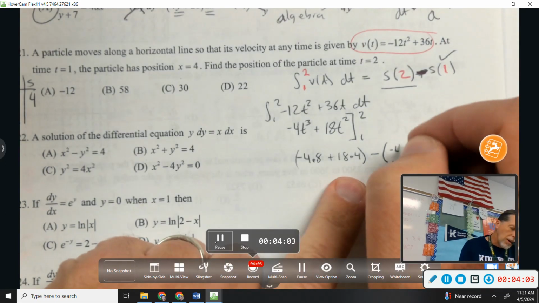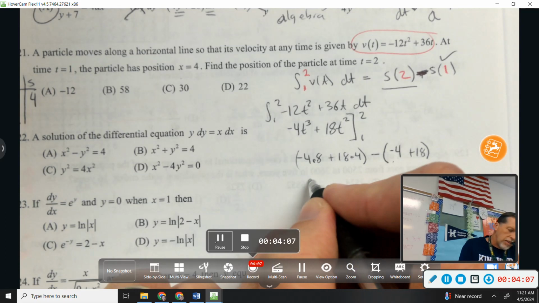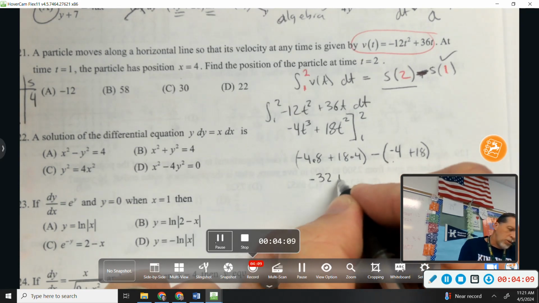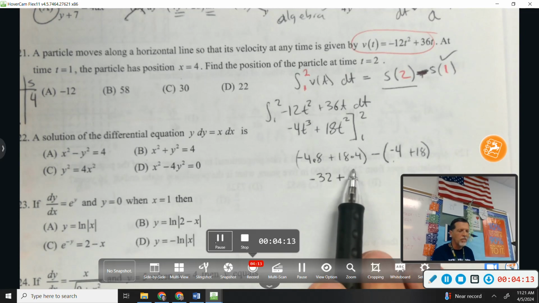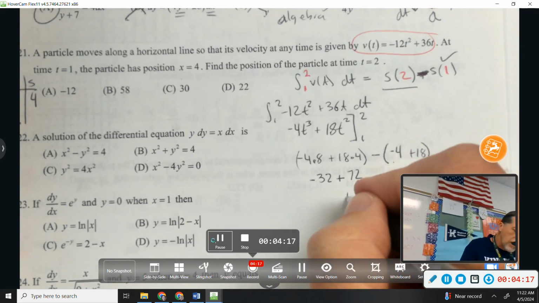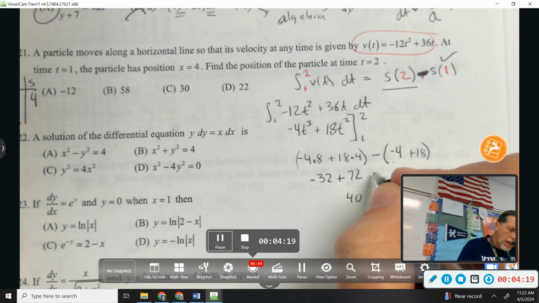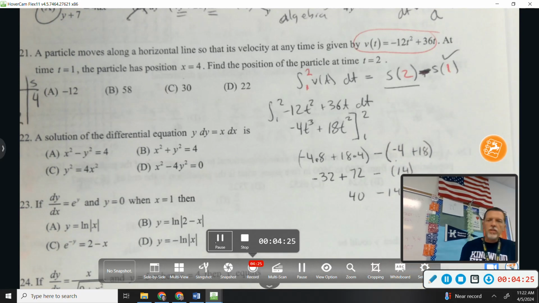Minus plug in the 1. Let's see, that's negative 32 plus 18 times 4 is 72. So that first one's 40. 18 minus 4 is 14. 40 minus 14 is 26.